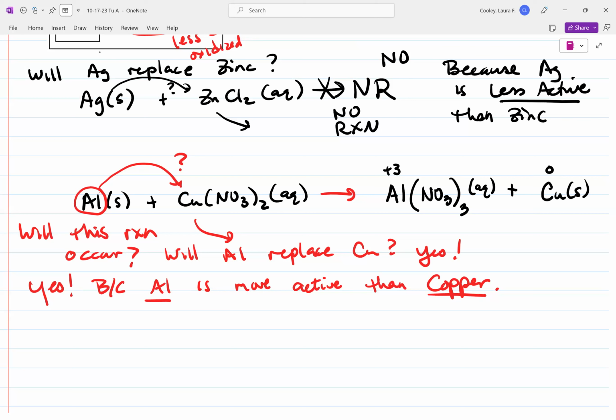So here we had aluminum that was 0, right? No charge. What was the charge here? What about copper? What's its charge or oxidation number? +2. I don't care about nitrate. Nitrate's the same on both sides. So what happened was aluminum went from 0 to +3. So Al is oxidized. Okay, its oxidation number went up, or charge went up.